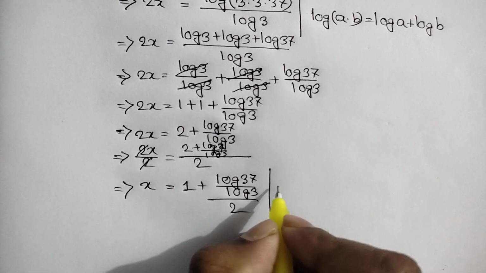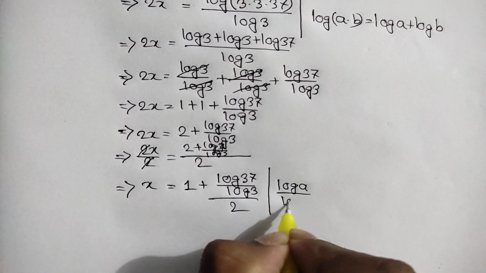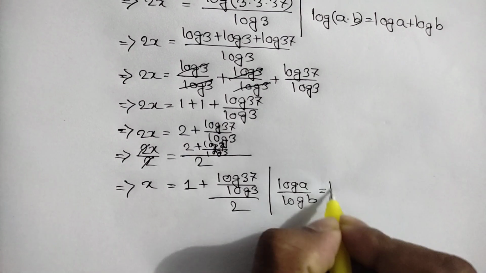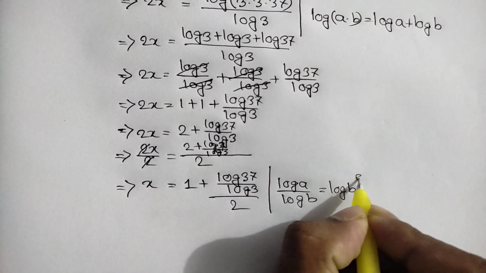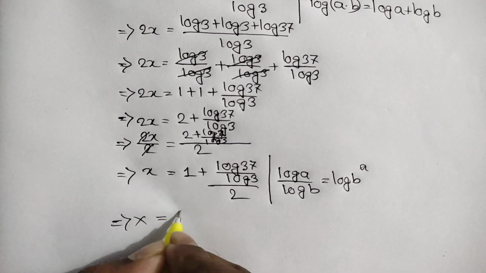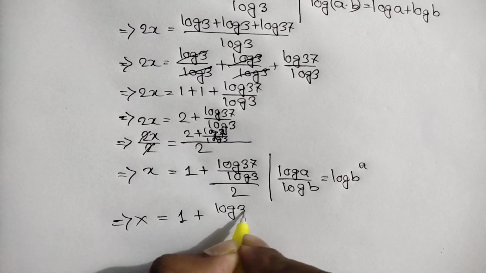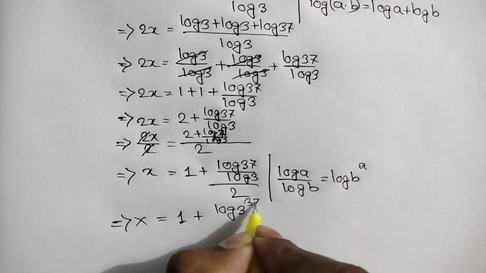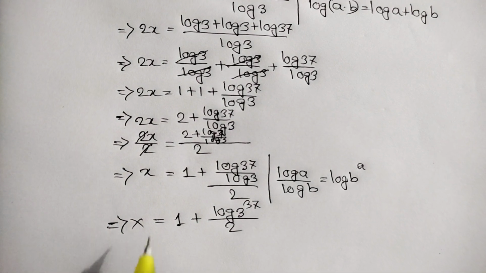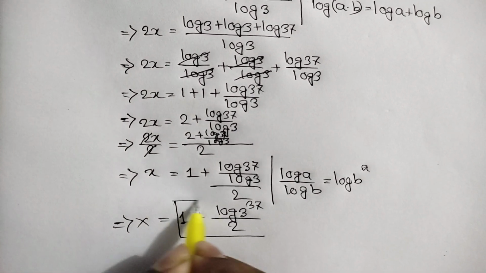Here we can apply this rule, log a over log b is equal to log b to the power a. So we can write x is equal to 1 plus (log 3 to the power 37) over 2. This is the value of x.